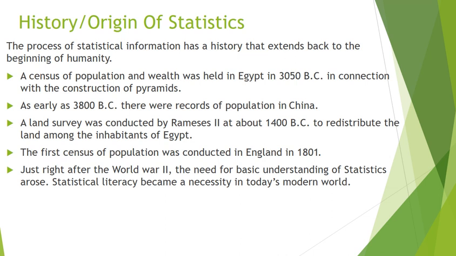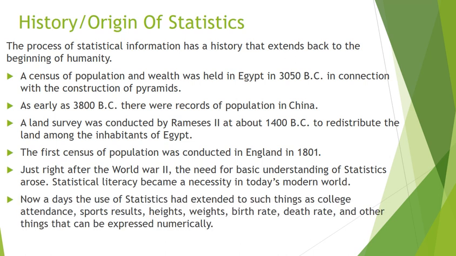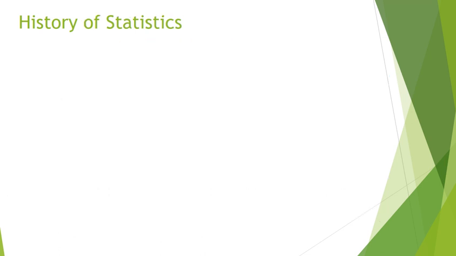But all these early attempts at collection of numerical information, for collection of data, were unsystematic, and the scope was limited. Nowadays, the use of statistics has extended to such things as your attendance, sports results, heights, weights, birth rate, death rate, and other things that can be expressed numerically.